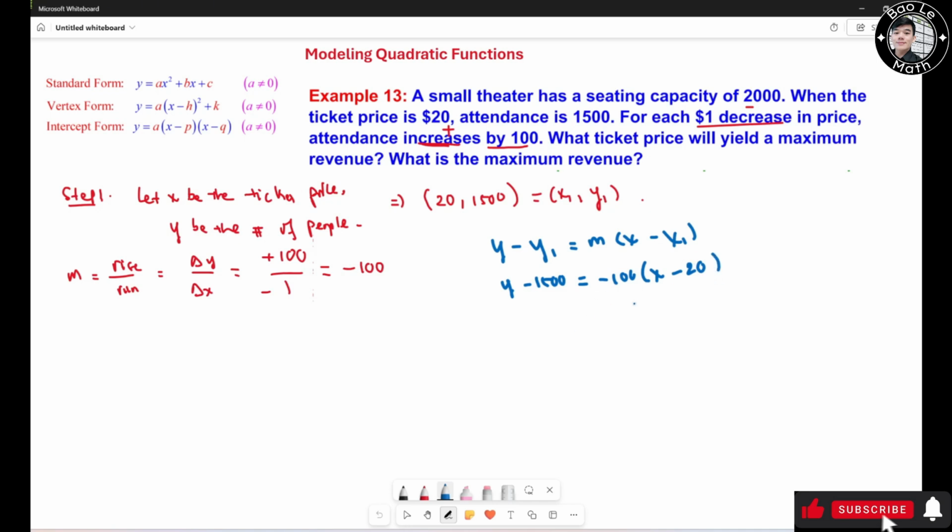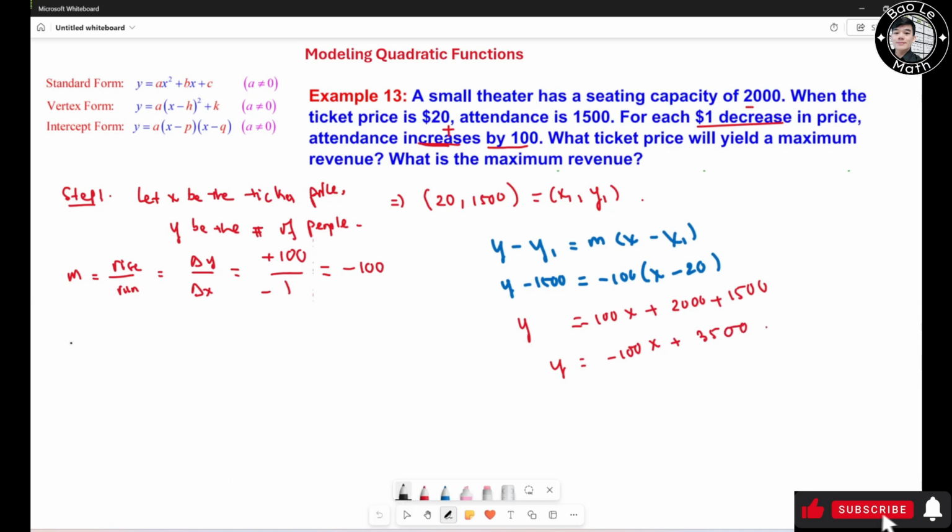And then I need to convert this into slope-intercept form, right? So I need to add 1500 to both sides and distribute this. So y equals negative 100 s plus 2000 plus 1500, right? And then this turns out to be y equals negative 100 s plus 3500.